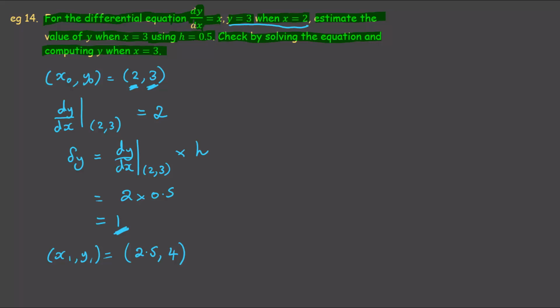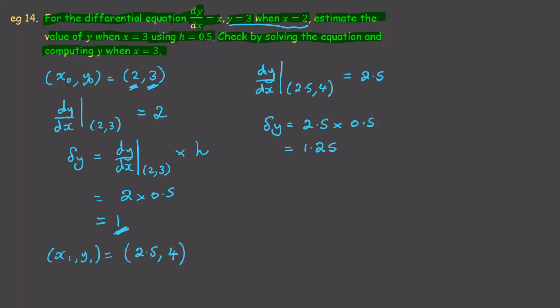And so the next step is to evaluate dy/dx at (2.5, 4). So that gives us, since dy/dx is just x, 2.5. Then delta y would be dy/dx now evaluated at (2.5, 4), which is 2.5 times h, which is 0.5, giving us 1.25.